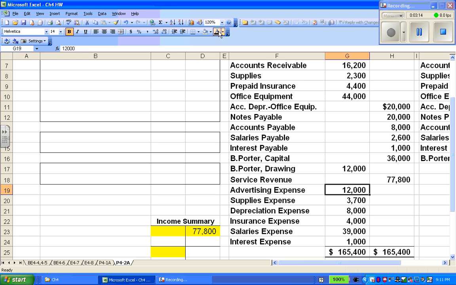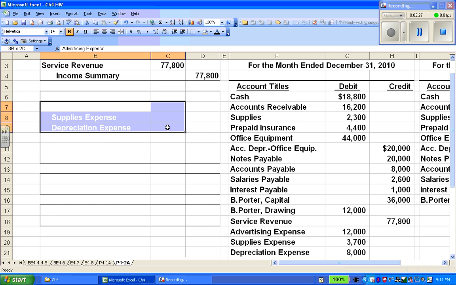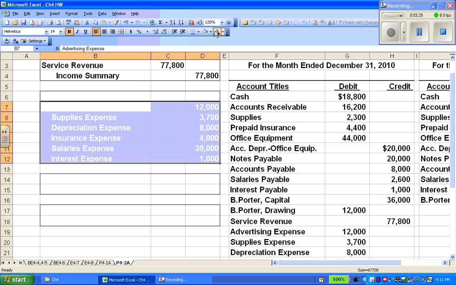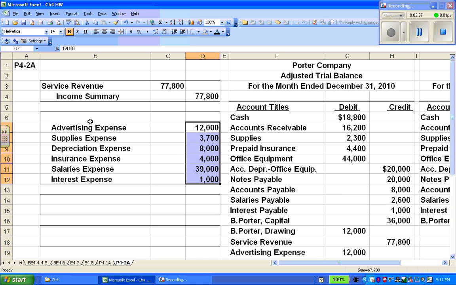They have a debit balance. That means I want to credit them for the respective amount. So I start that journal entry by crediting those expense accounts for their applicable amounts. If I total this up, I get 67,700. That's the amount that I want to debit my income summary account for.